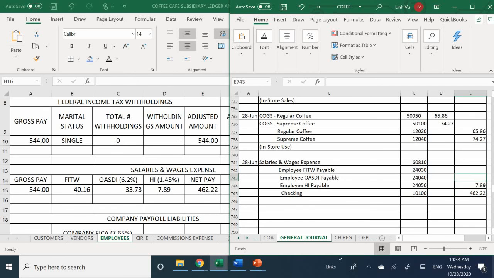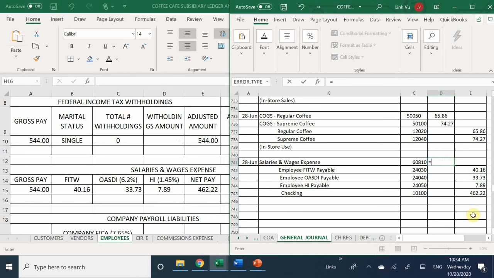How much was my Social Security? 33.73. And then lastly, how much FITW did I calculate? 40.16. So for salaries and wages expense, that's going to be your gross pay, and that should be 544.